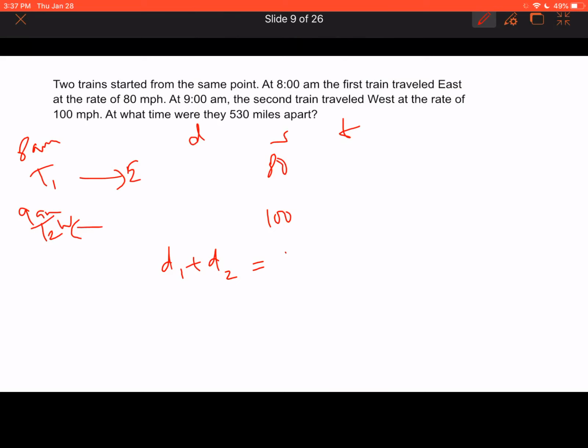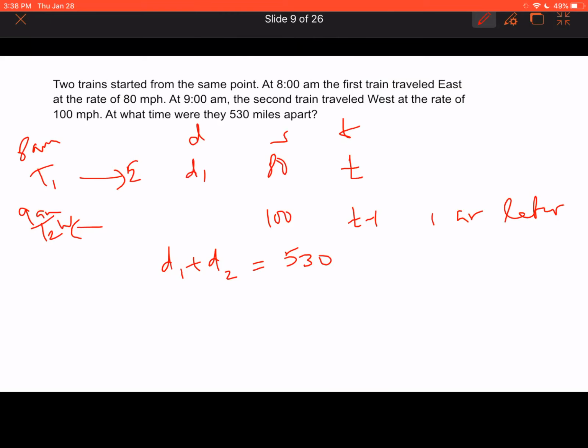The thing here is the start timing is going to be different. So if I consider t as the hours of travel for the first train, the second train starts 1 hour later, so that means the time is going to be t minus 1 for train 2.